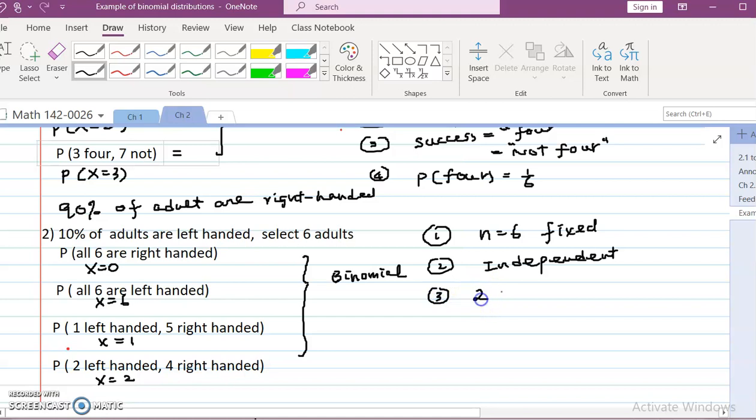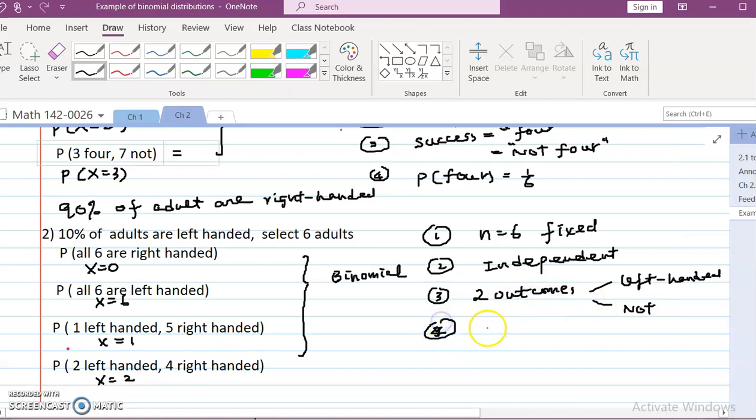We have 2 outcomes, right? If I don't want to say right-handed, I can say left because I'm counting the left-handed, and the other one I don't have to say right-handed. I can say not left-handed, right? Okay, you can always change multiple outcomes.